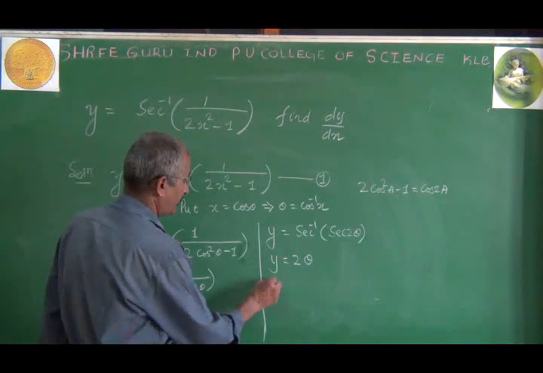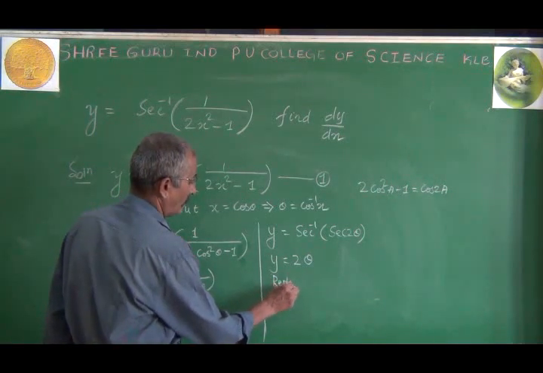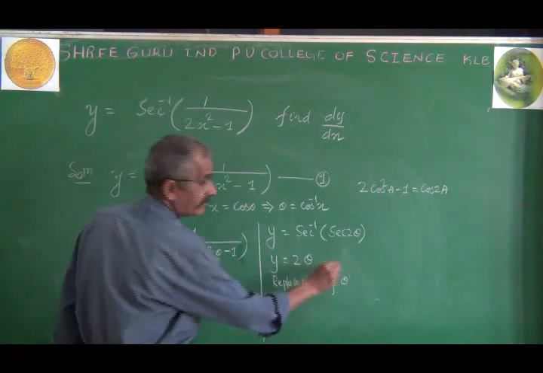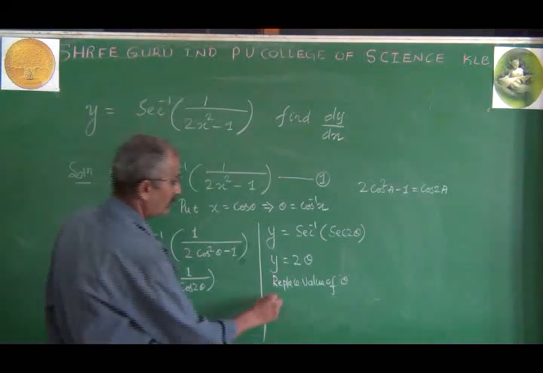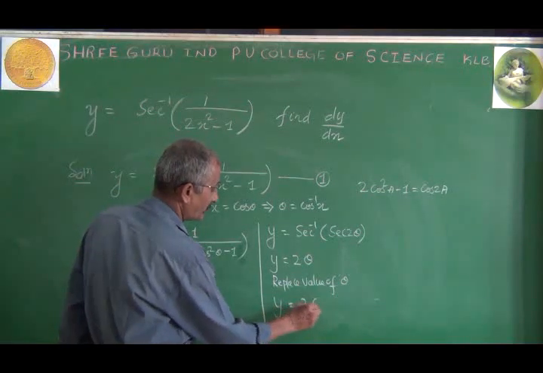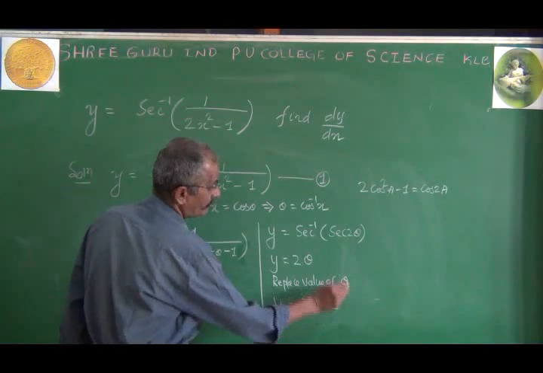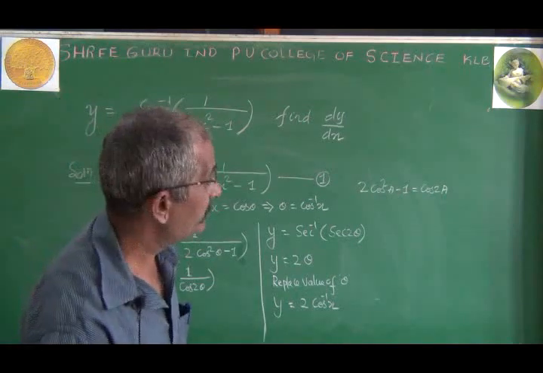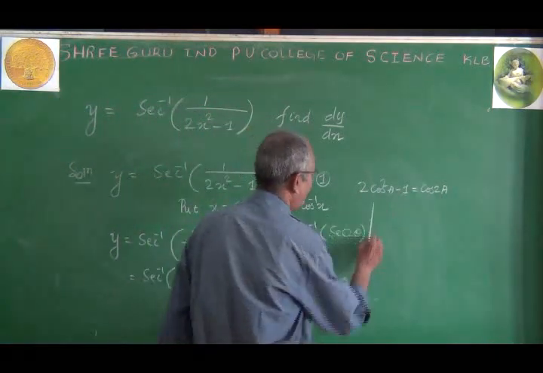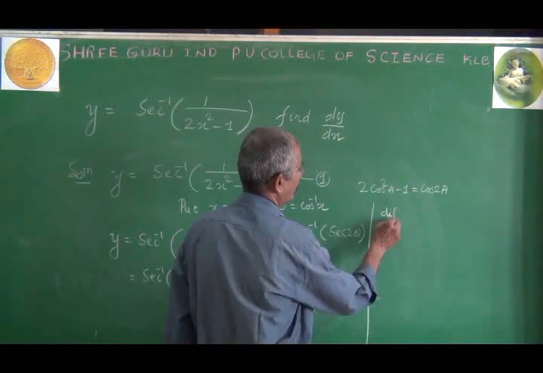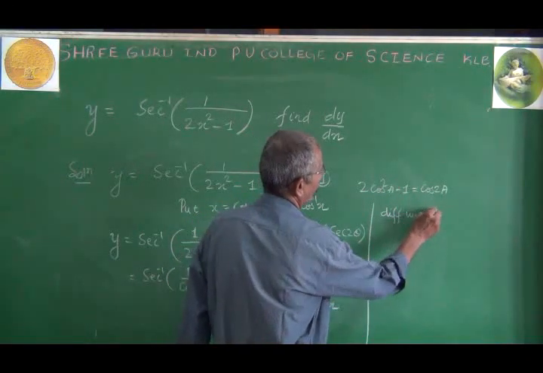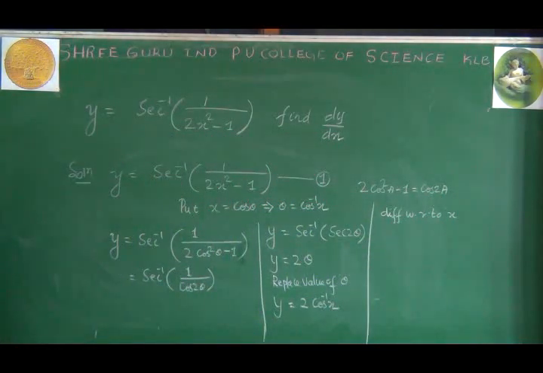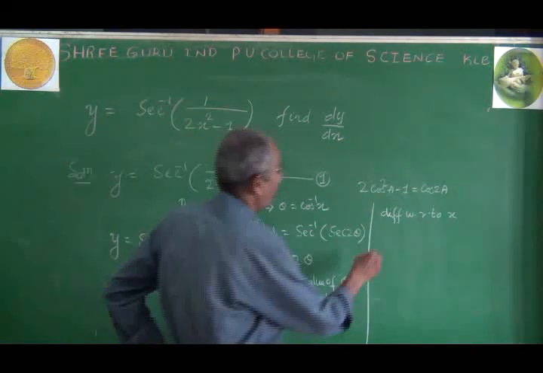Replace the value of theta. On replacing the value of theta, y becomes 2 into cos inverse of x. Lastly, we shall differentiate with respect to x. On differentiating with respect to x, on the left side the differentiation of y is dy by dx.